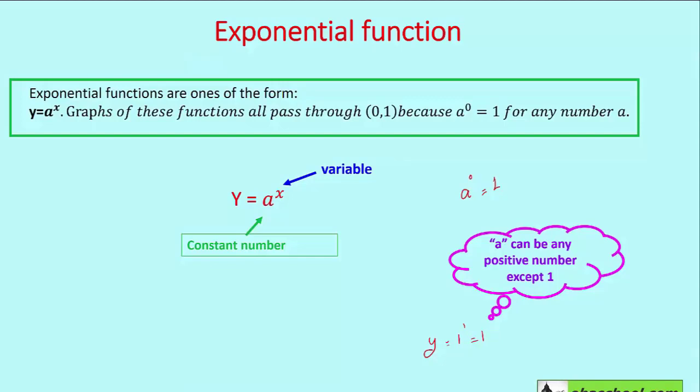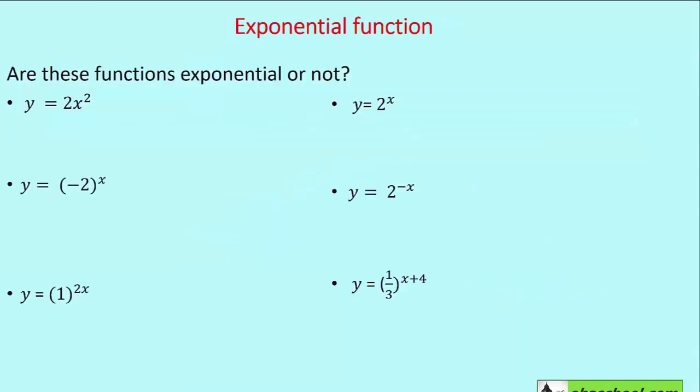Now, let's take a look at these examples to see if these functions are exponential or not. Let's start with the first equation, y equal 2x squared. As we have said before, the form of exponential function is y equal a to the power x.